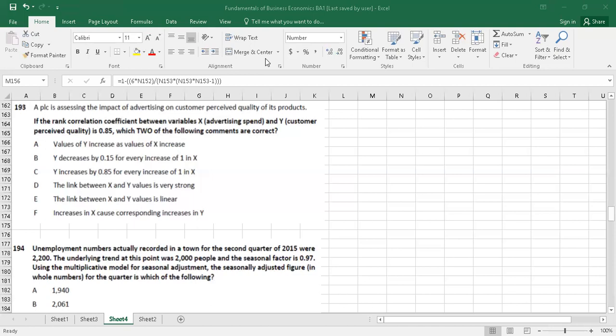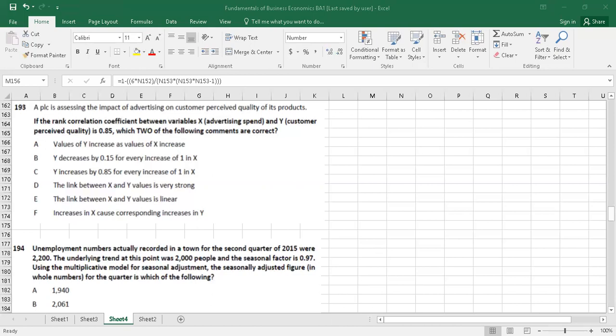Y increases by 0.85 for every increase of 1 in X. We cannot state that. If the regression equation was given as y is equal to a plus bx, for every unit increase in x, the value of y will increase by the value of b. 0.85 indicates what kind of relationship exists between the variables, whether strong positive or strong negative.